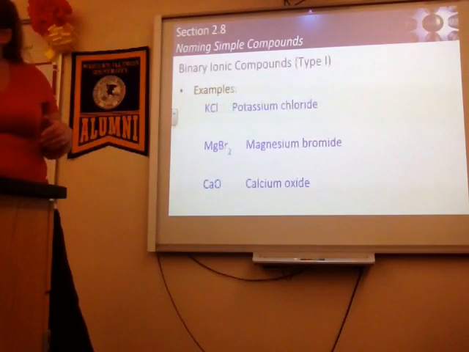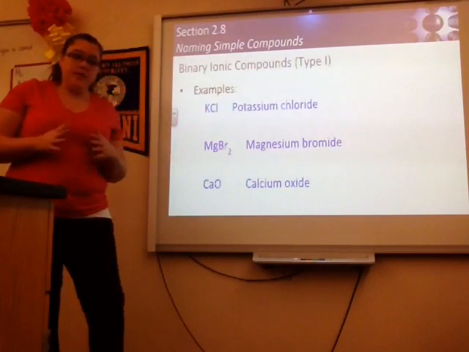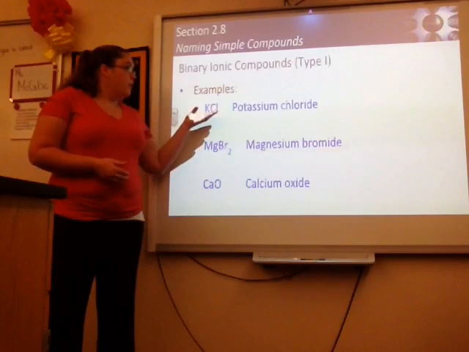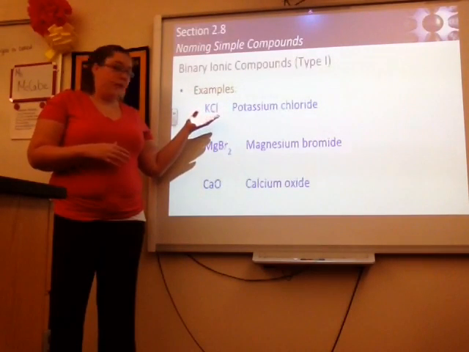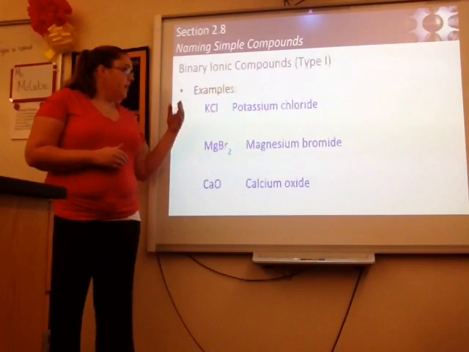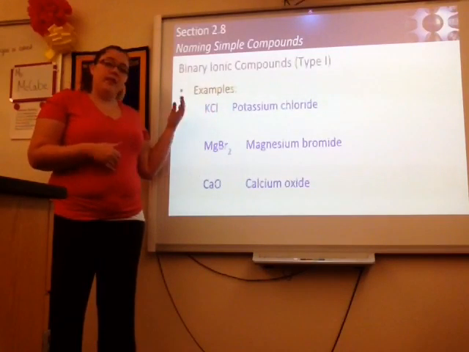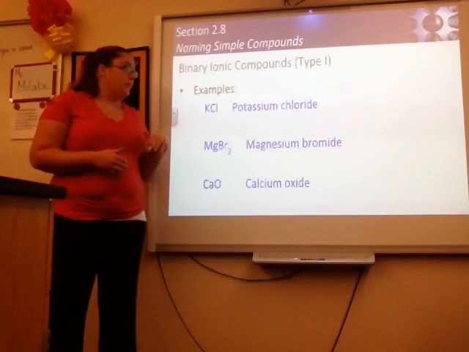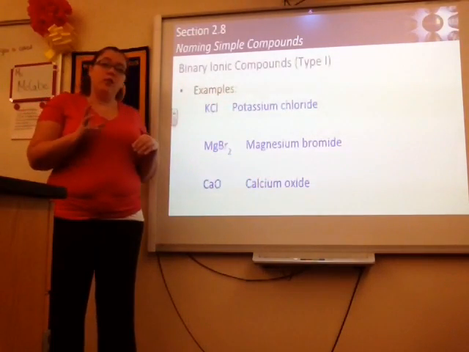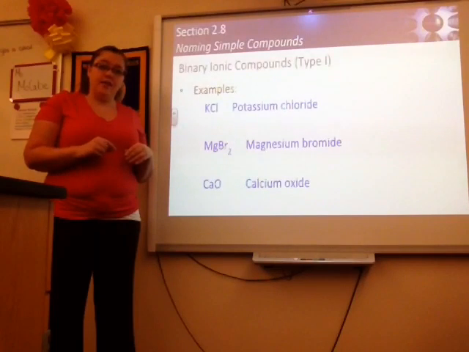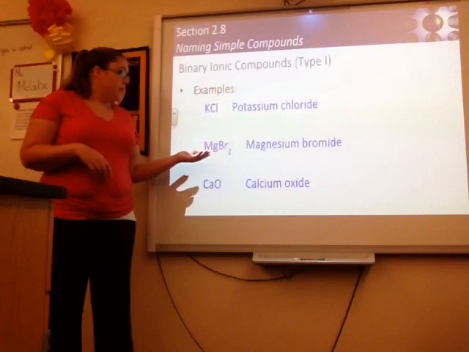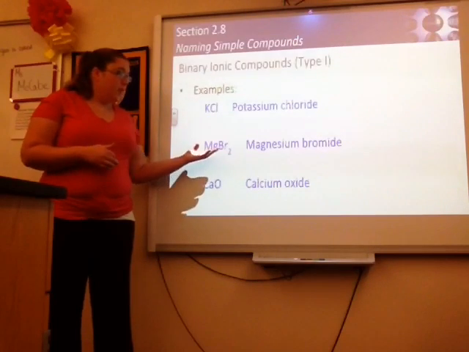I'm going to go over a few examples of that. For example, you have a metal, potassium, with your chlorine atom, which is a nonmetal. So you've got a positive charge with a negative charge. The first one takes the parent name, so it's just potassium. The second word is not chlorine, we've added an "ide" to it, so it's potassium chloride. Another example would be MgBr2, which is magnesium bromide.